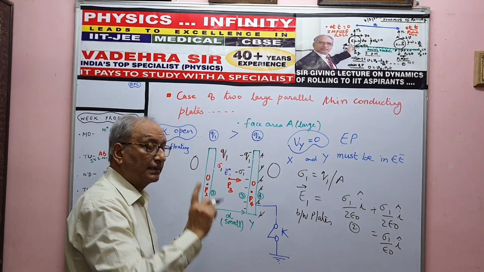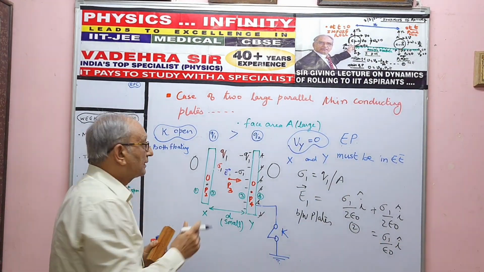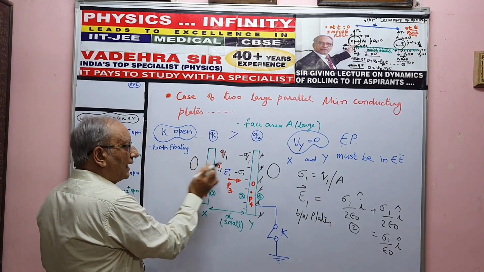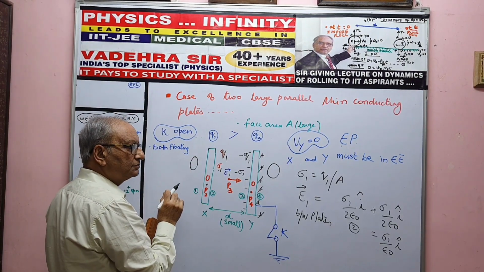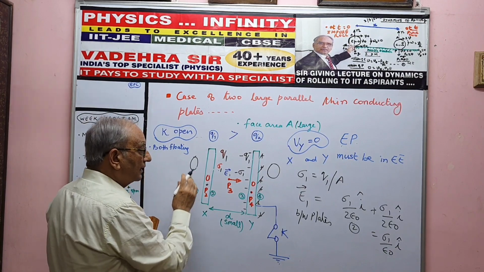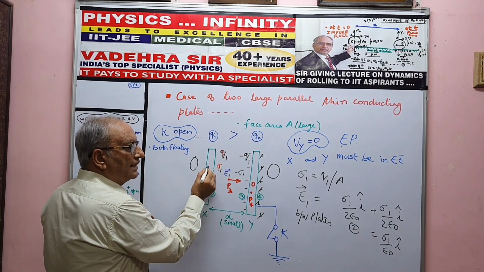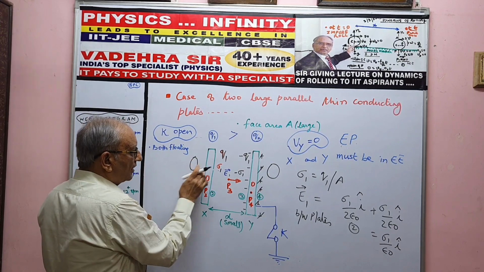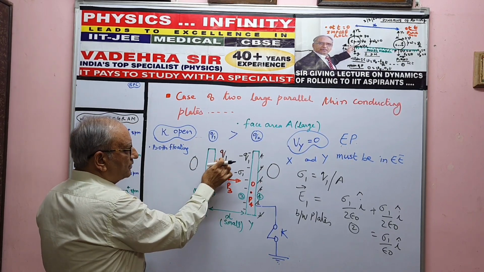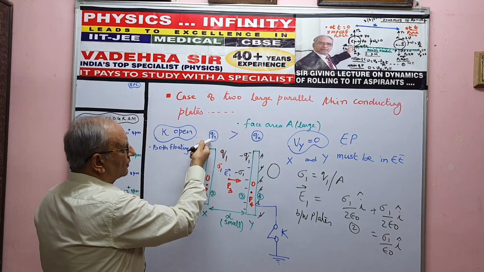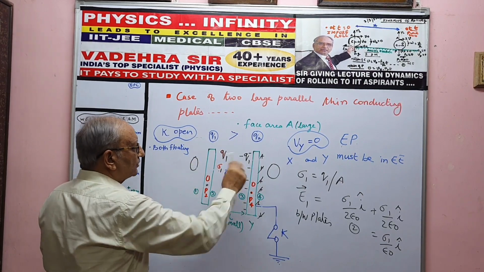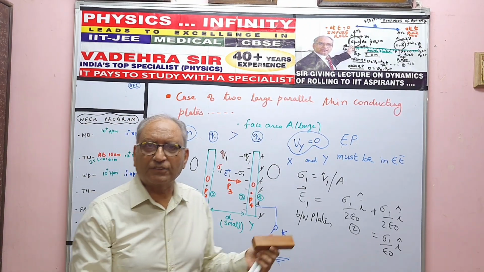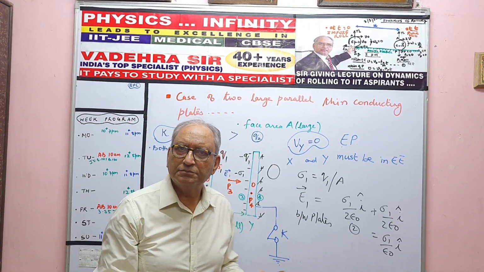Now I come to that question. Suppose a part of Q1, some positive charge is here and some positive charge is here. Then what will happen? Well, then you can't have the field here 0, because some charge here will create a field like this, and some charge here will create a field here. So electrostatic equilibrium is violated.